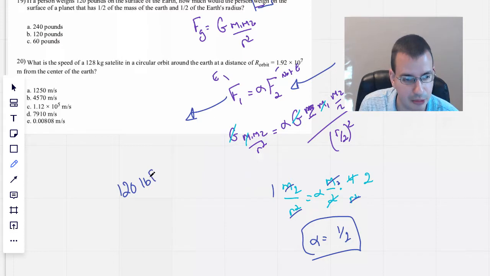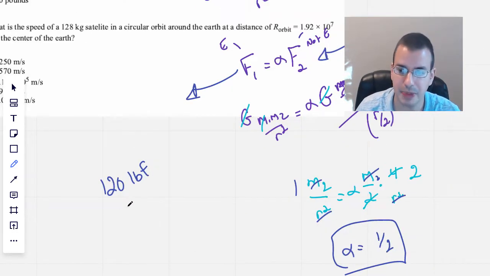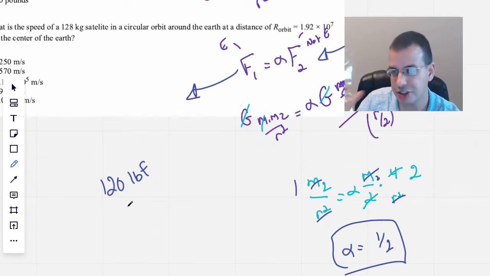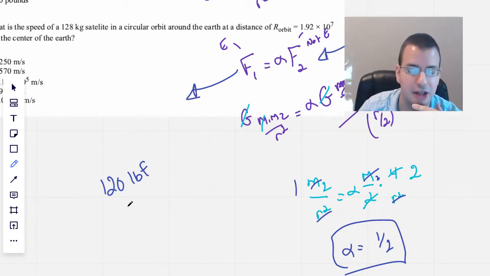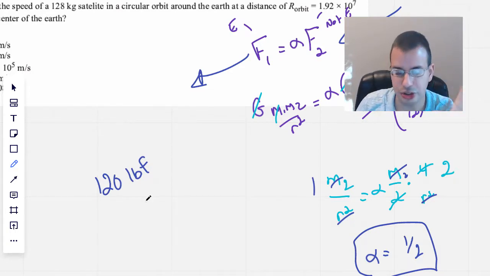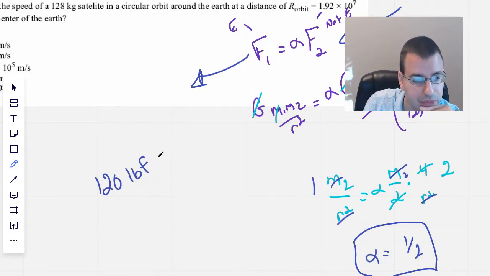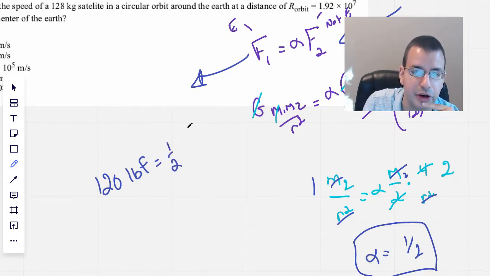I'm going to write this as lbf, pounds force, as opposed to lbm, which is pounds mass. Pounds can be used as a force or a mass. Traditionally, it's used as a force. lbm is generally used when you're trying to specify it as a mass, which is not as common. But I like to specify all the same. Times 1/2. Okay, wait a sec.